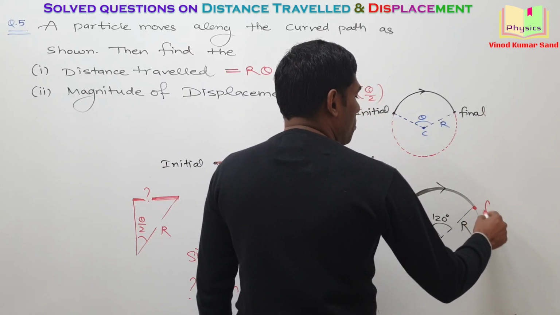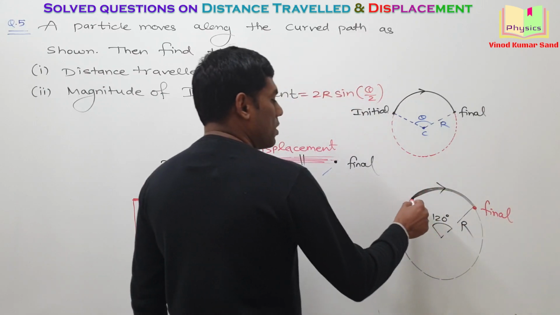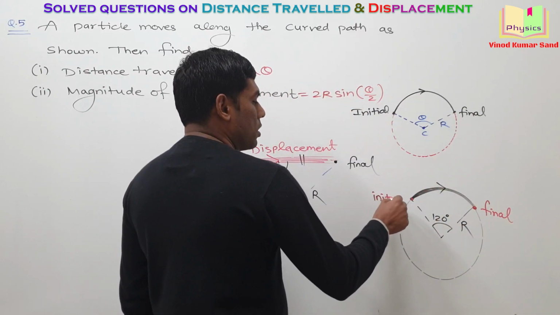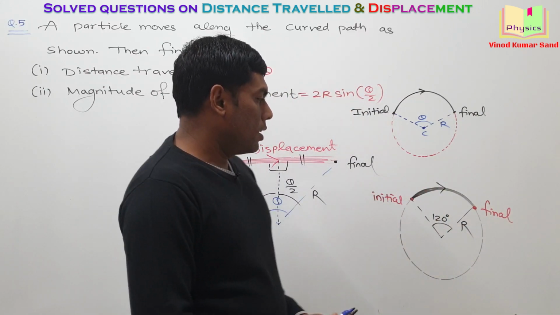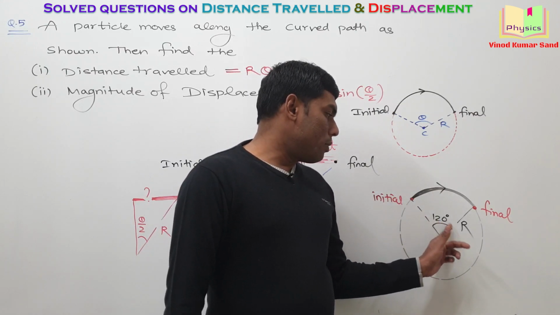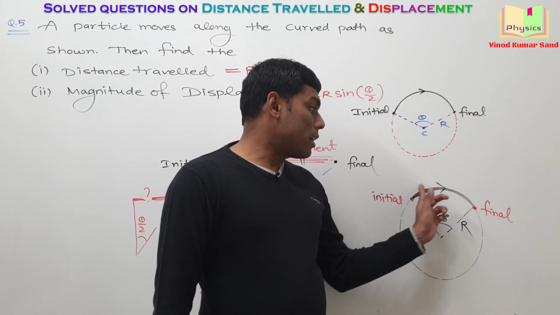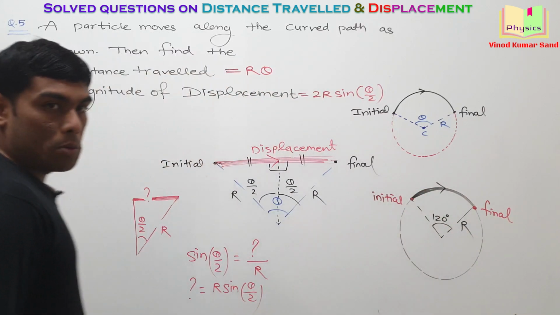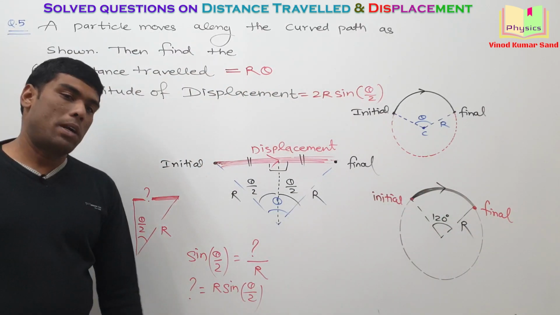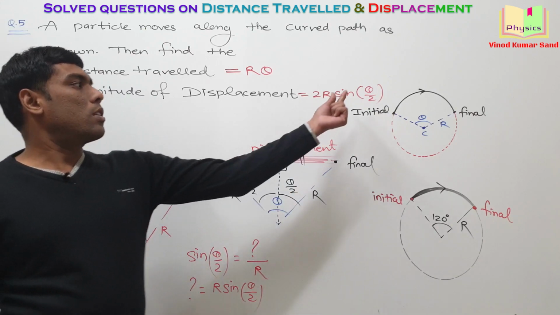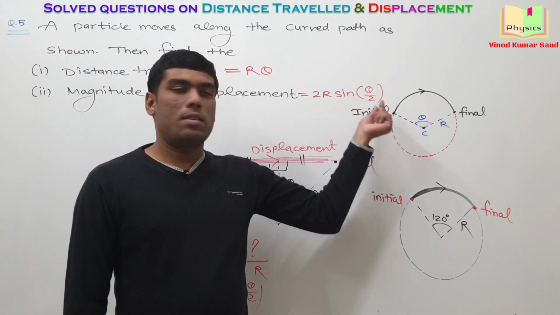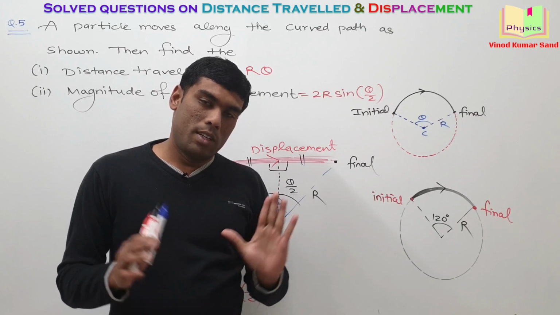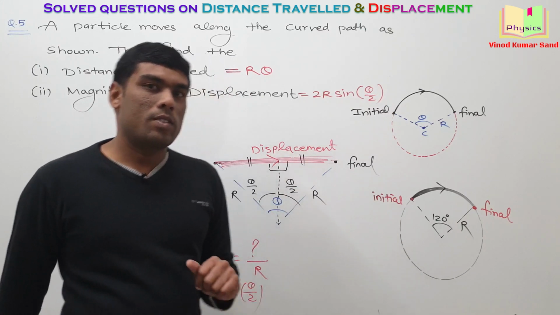Here is the final position. This was the initial position. Particle travels an angle of 120 degree. Particle moves over that arc. Radius of the circle is r. How much is the magnitude of displacement of that particle? Just put the theta here as 120 degrees, simplify it, you'll get your answer. I hope you get it.